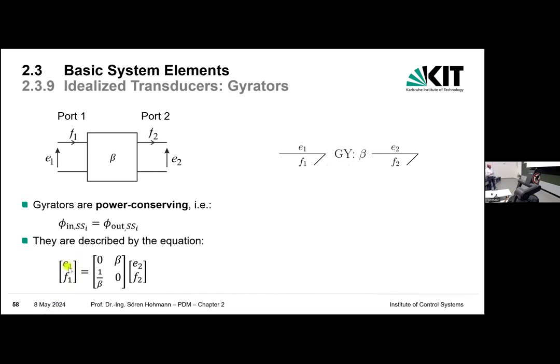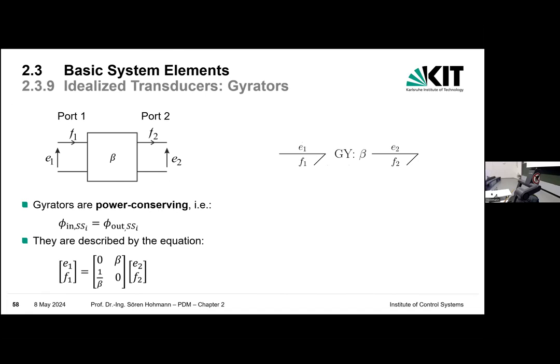Effort 1 corresponds to flow 2 times beta, and flow 1 corresponds to effort 2 times 1 over beta. So the working principle is that efforts are transformed into flows, and flows are transformed into efforts.